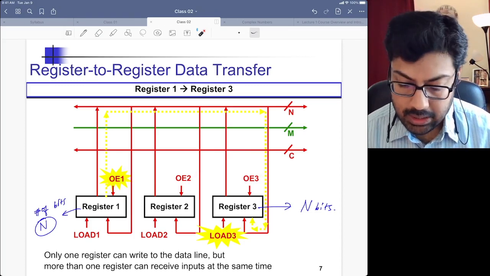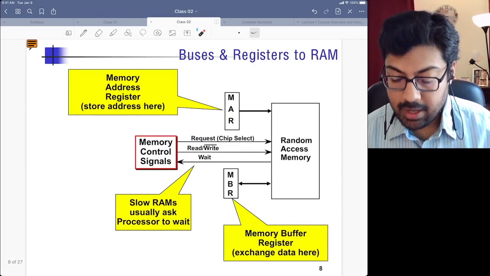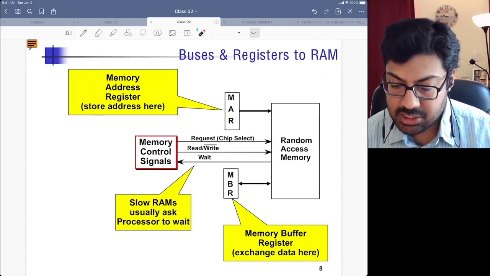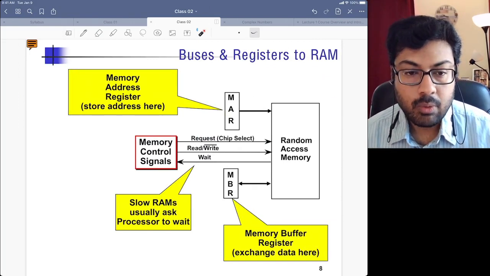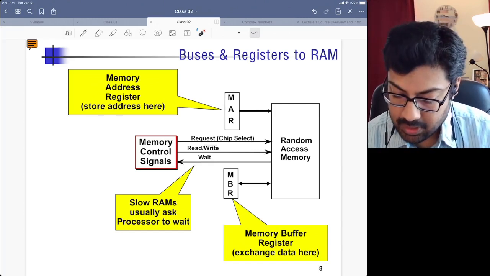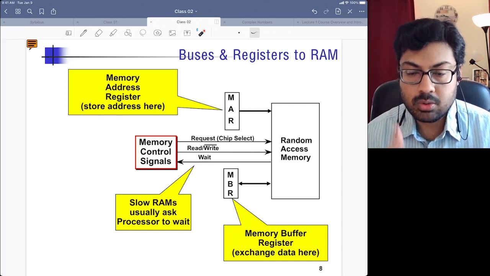All right. Let's see. Now, this is going to be sort of my last slide that I'll talk about today, which is when you are interacting with your memory, you are dealing with 2 registers.